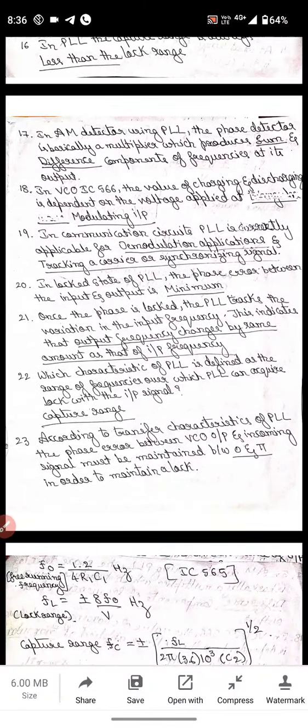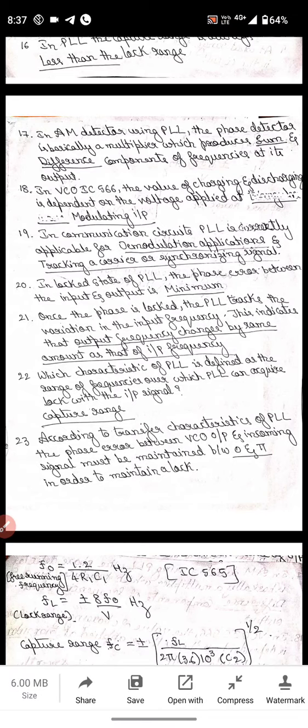In the locked state of PLL, the phase error between the input and output is minimum.